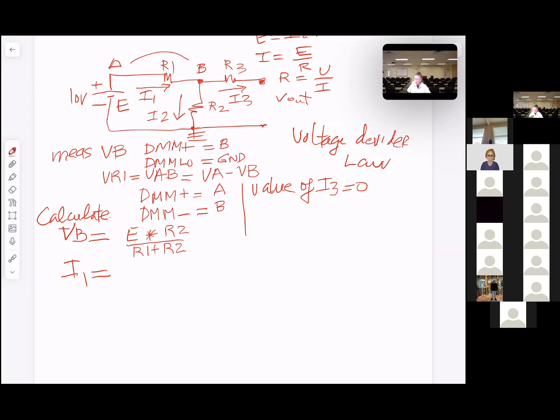Using Ohm's law, voltage divided by R1 plus R2. You understand I equals V divided by R. If you're looking into the circuitry, what does I1 equal? In this particular circuit, at the end of R3 you have an open circuit, so no current is flowing in R3.